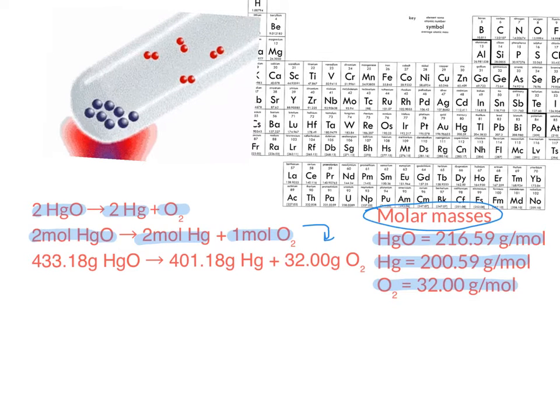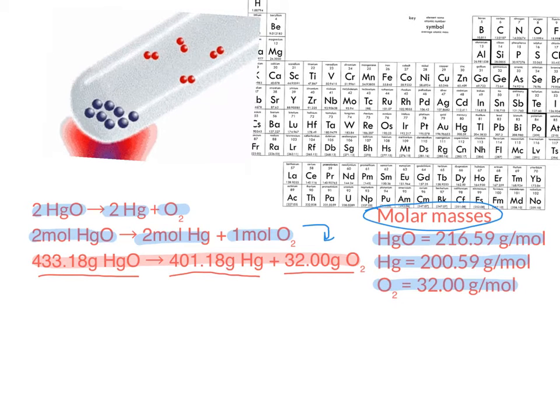So in applications of what's called the mole ratio, we could actually also have what's referred to as a gram ratio. And that is taking the mole value, so the 2 moles of mercury oxide, multiplied by the 216.59 to get the 433.18 grams of mercury oxide to produce the 2 moles of mercury, which is 2 times 200.59, so that's 401.18 grams of mercury, and then 1 mole of oxygen, which is 1 times 32, so of course that's 32 grams of oxygen.